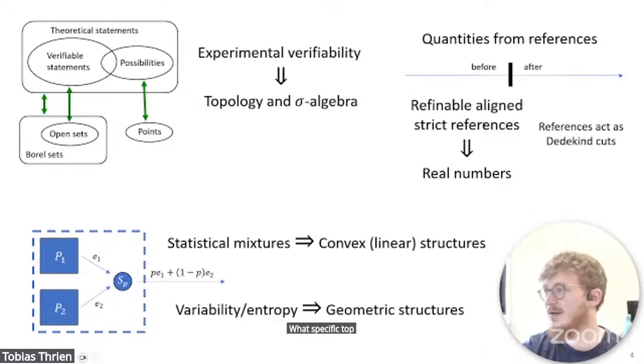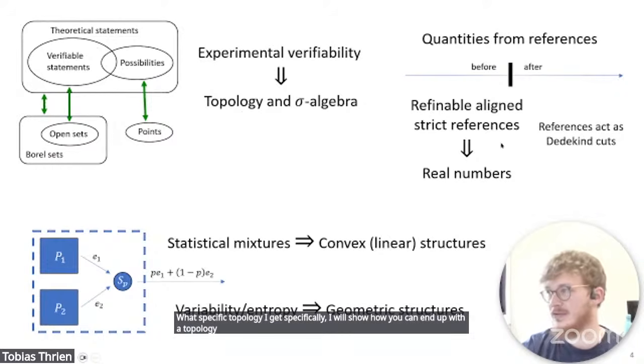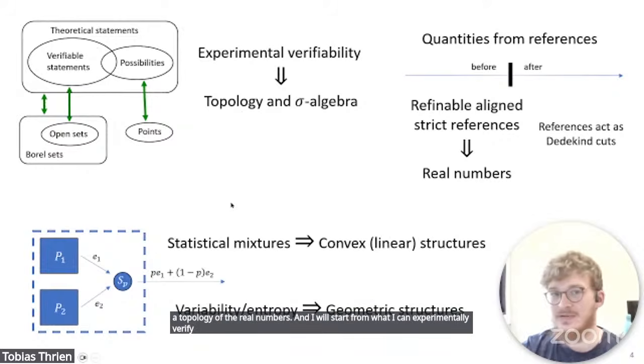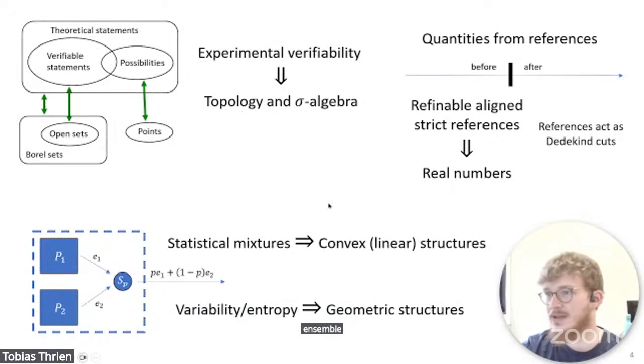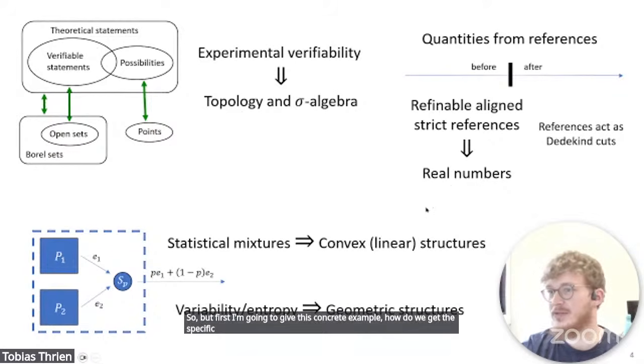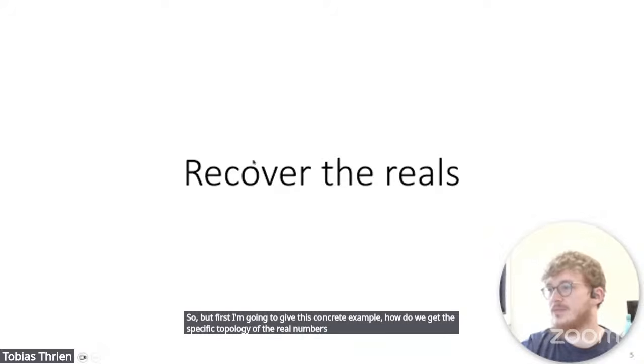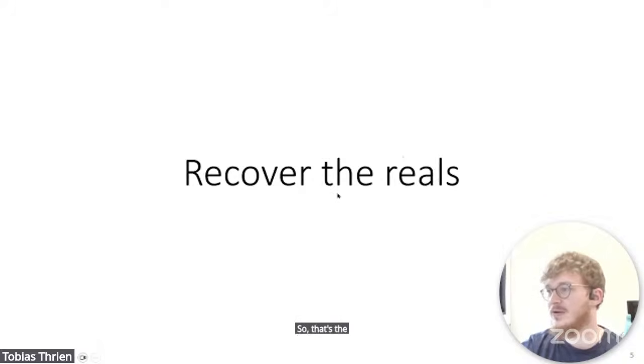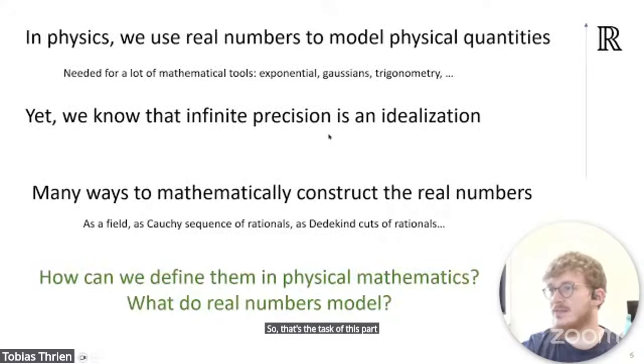Specifically, I will show how you can end up with a topology of the real numbers, starting from what I can experimentally verify. After that, I'm going to talk about ensemble spaces. That will be another example. But first, I'm going to give this concrete example. How do we get the specific topology of the real numbers? That's the task of this part, how to recover the reals.